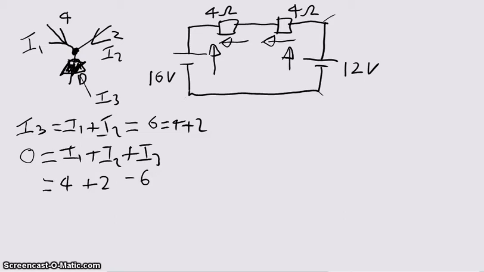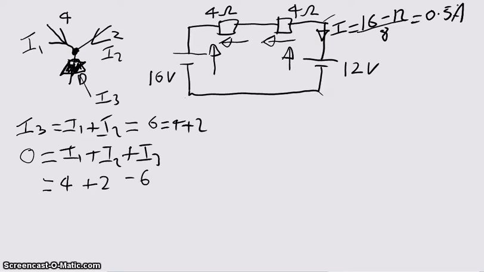Now the current in the circuit: I is 16 minus 12 divided by the total resistance, which is 8. So that's going to give us half an amp.